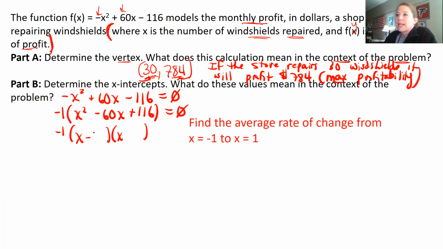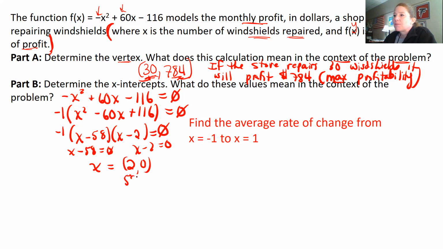And so that would be negative 58 and negative 2. Now, since this is set equal to 0, I'm going to set both of these equal to 0 and then solve for x. So that means my x-intercepts are (2, 0) and (58, 0).